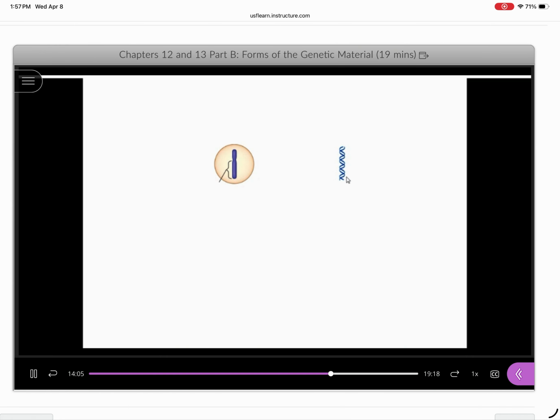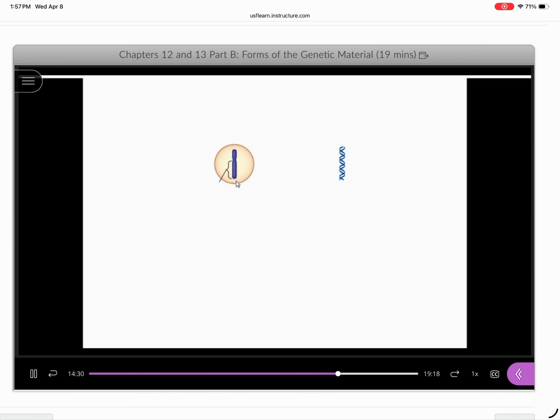This is a little bit of artistic license here, because if this is in fact interphase, which I know it to be, the chromosome would not be condensed. This is a condensed structure. It would be decondensed. It would be spread out in the nucleus. So this is artistic license, but I think it helps to make a point.